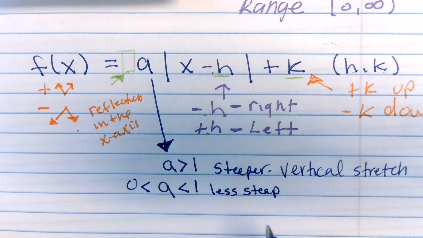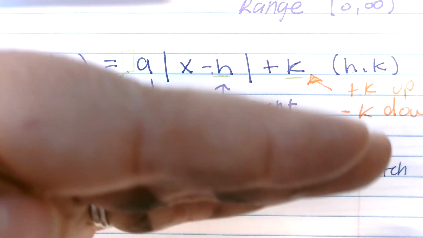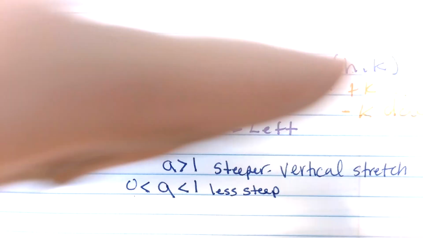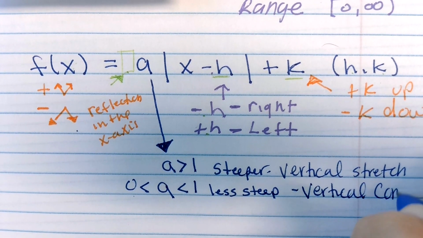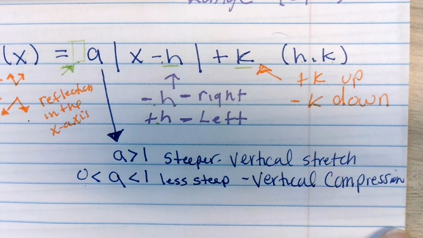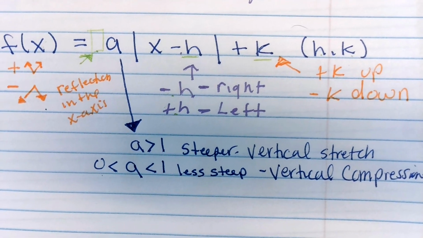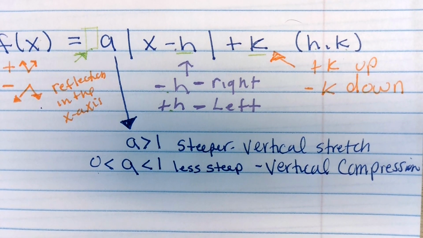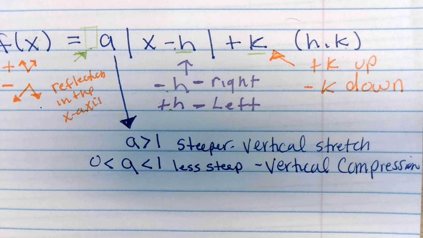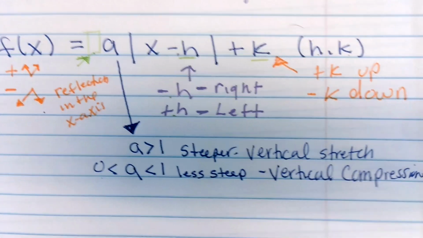I'm not moving as fast as I was before because somebody has compressed my graph. We've shrunk it together. This is called a vertical compression. Now, the best way to do these is to just do them. So we're going to try out some problems here. And if you're totally not getting this, reach out to me or attempt doing it with a table to see if you like that better.